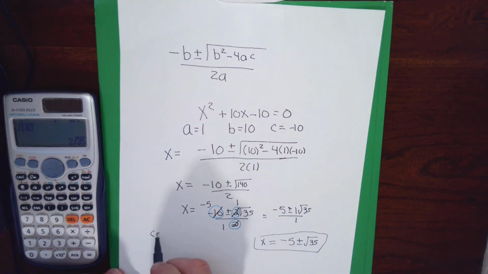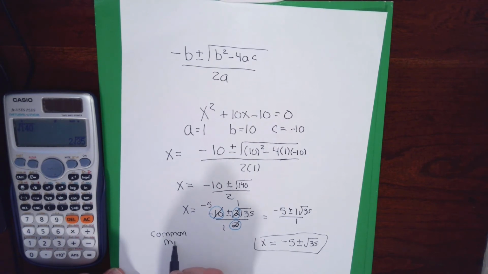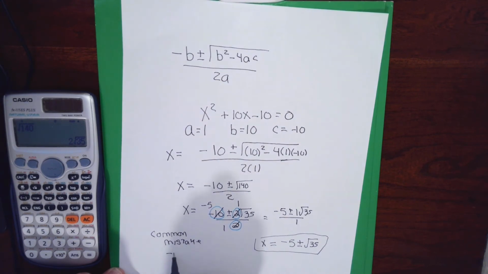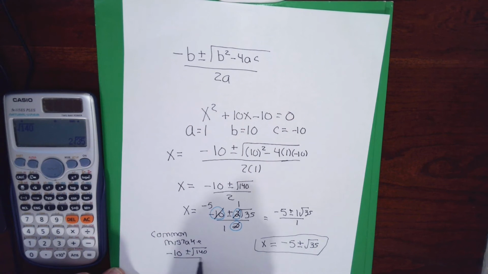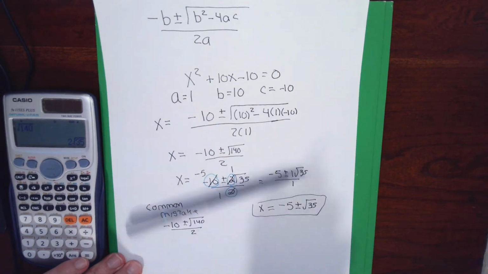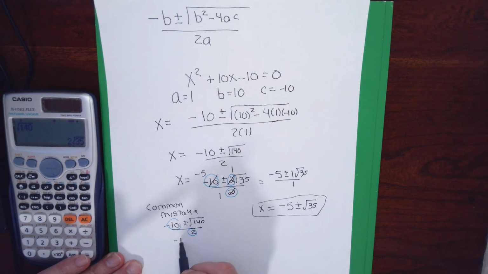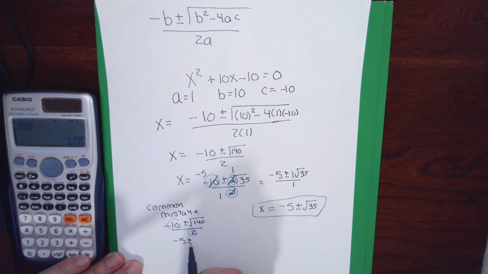The common mistake on this, which would cause you to get the wrong answer, is to reduce too early when it's illegal to reduce. When I had the fraction as negative 10 plus or minus the square root of 140 over 2, if you would reduce too early, if you reduce the left side of the numerator with the denominator without reducing it with the right side, you'd get negative 5 plus or minus the square root of 140 over 1.